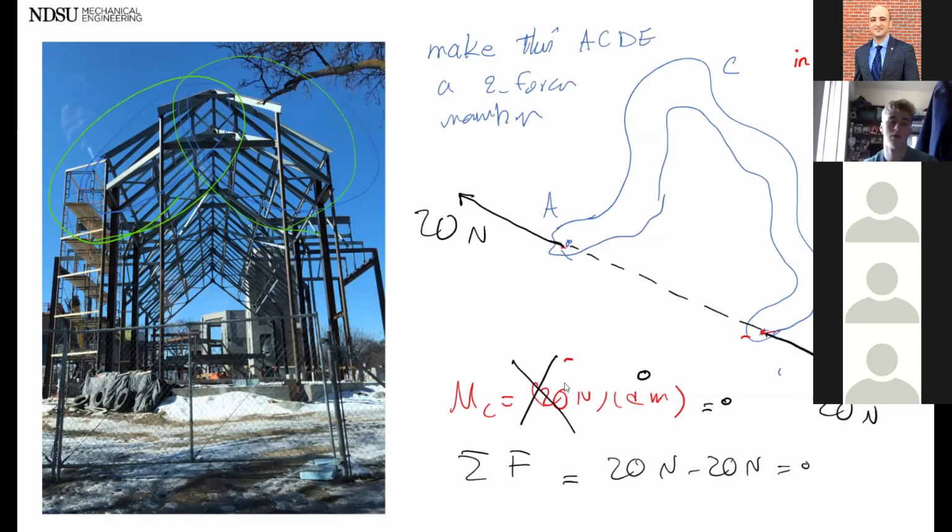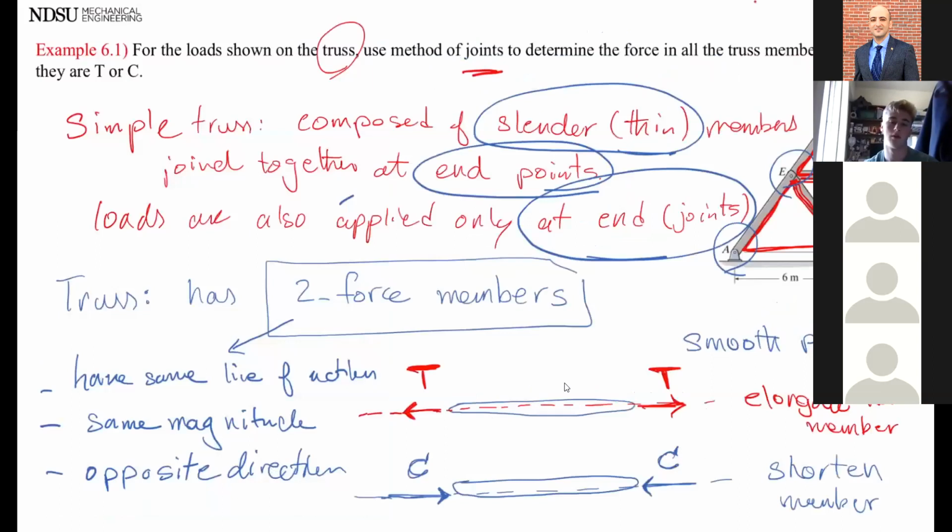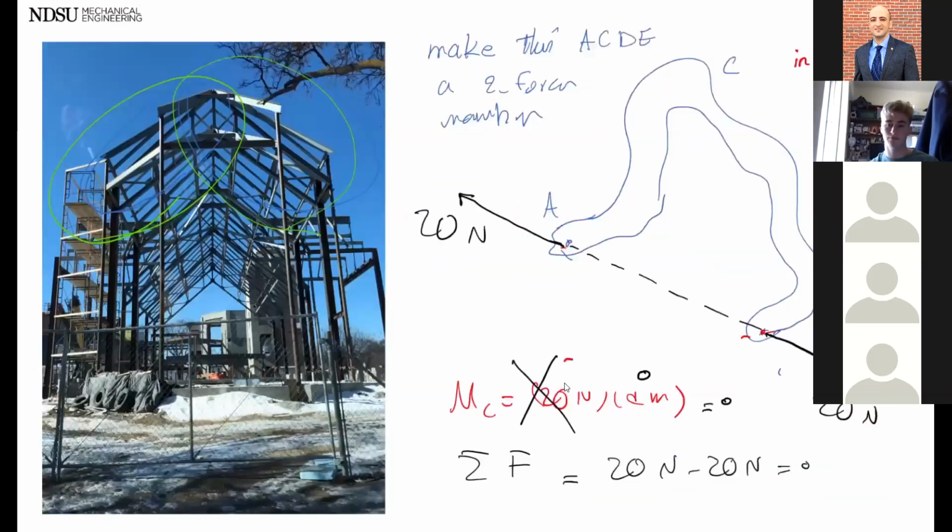You see, the point is it's not always going to be a straight member, same as what I have here. It can be any member as long as the forces are applied at the ends and they share the same line of action. It is a two-force member and it is in equilibrium. Okay, so that's what to remember, and that's what is important for trusses. Trusses consist of only two-force members. Questions so far?